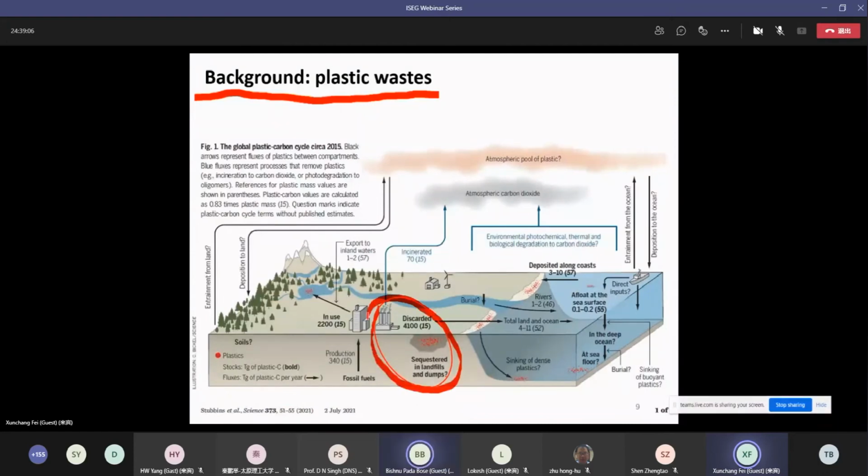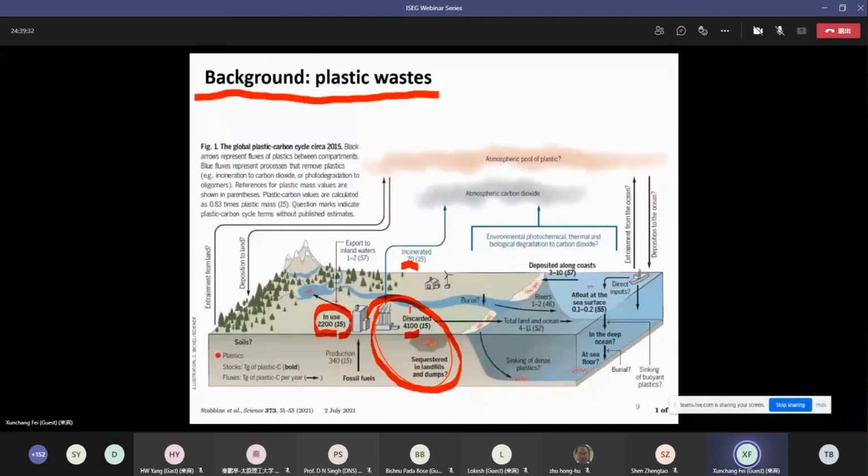the focus of this talk today. If you see the numbers here, these numbers are the amount of all the plastics that have ever been made. What we can see is that there are around 2,000 million tons of plastic products still in use. How much plastic waste is actually generated and disposed?